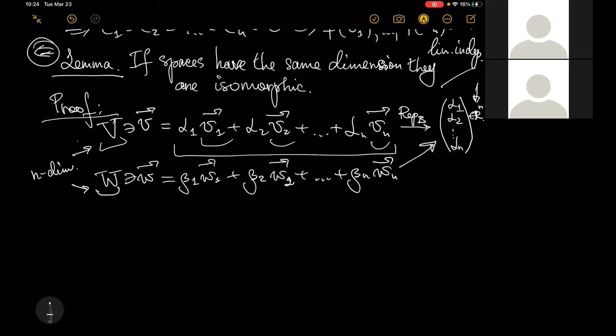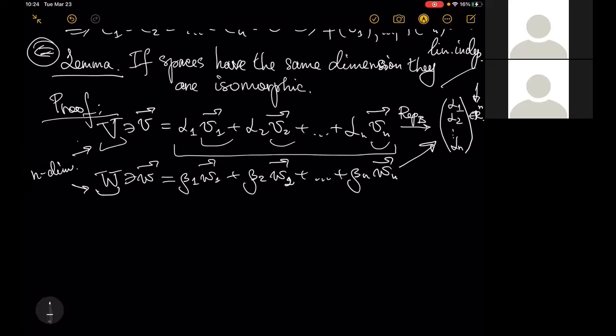And also it will be isomorphic to Rn because I can create this isomorphism, one-to-one correspondence. Okay, you can check. It's very easy to check that it preserves structure and so on. So I have shown that two arbitrary vector spaces with the same dimension, they both isomorphic to Rn.